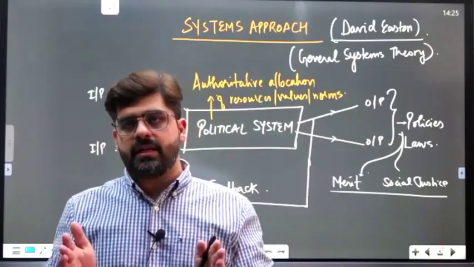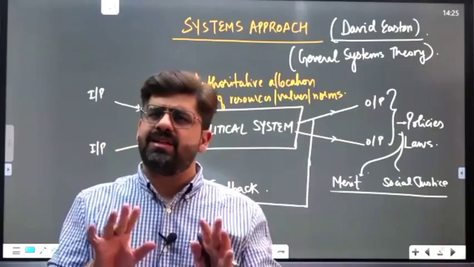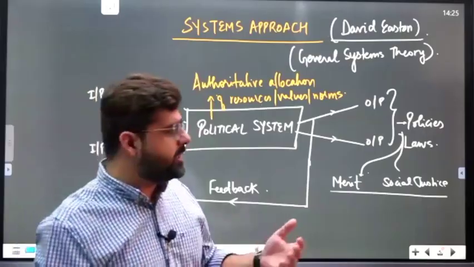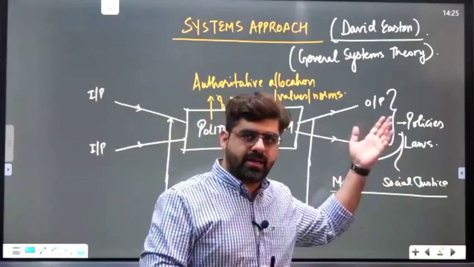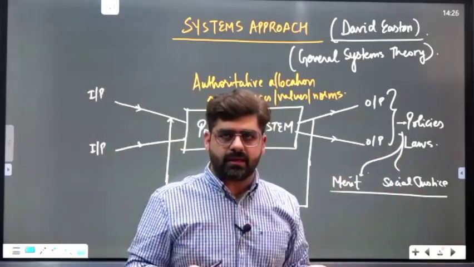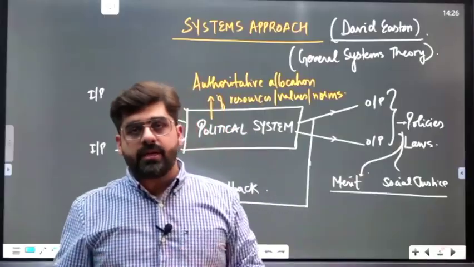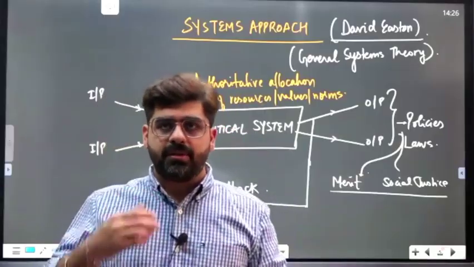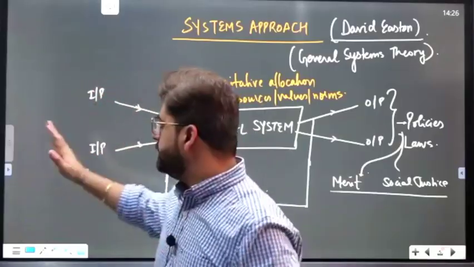At the end of the day it produces outputs which are generally the same for every country, because every country will end up creating policies and laws through which they run their country. In every country, there will be some demands by the people, which are nothing but the inputs.